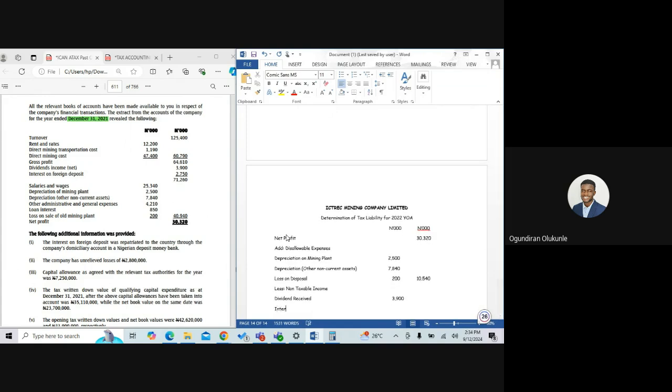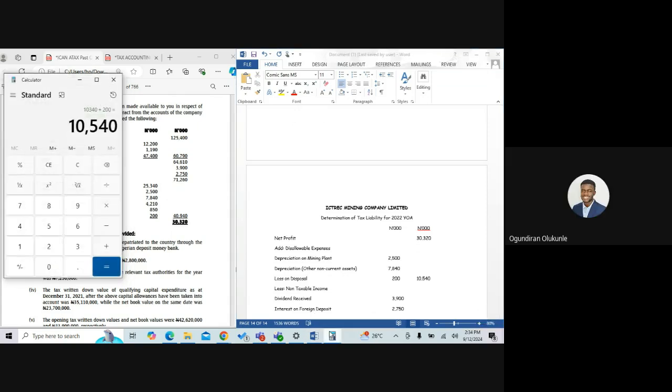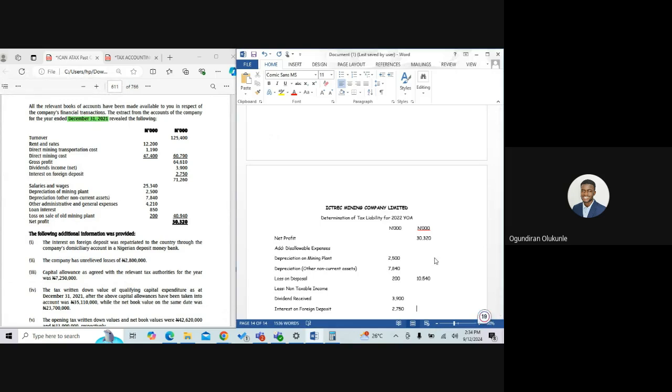Then we have interest on foreign deposits, provided it is brought through appropriate channel into Nigeria. 2750. So 2750 plus 3900, what do you have? 6650. So you deduct that as 6650.